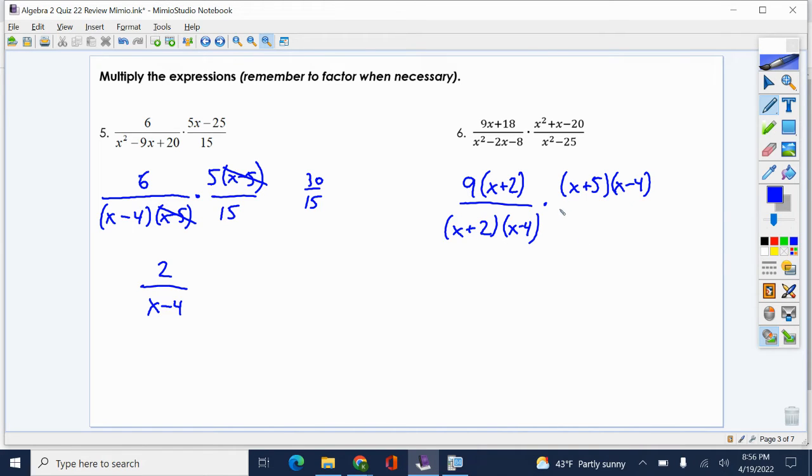Stop. X squared minus 25, those are both perfect squares. X and 5, a plus and a minus. Now I can look to reduce or cancel. So x plus 2's will cancel, x plus 5's will cancel, x minus 4's will cancel. So I'm left with 9 over x minus 5.